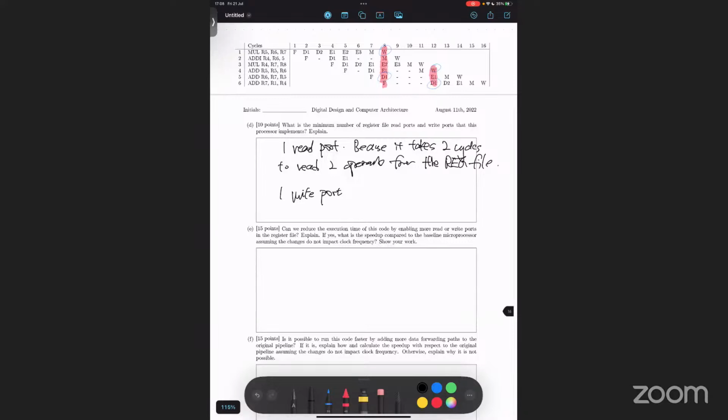So this means there's at least a dedicated write port that is different from the read port, so that this write back and register read in the decode stage can happen at the same time. Because write back and decode can happen in the same cycle.